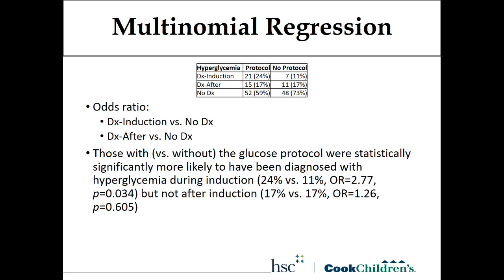And then you would have AD divided by BC: 21 times 48 divided by 7 times 52, and that equals 2.77. And again, for the 1.26, it's 15 times 48 divided by 11 times 52, and you get 1.26.